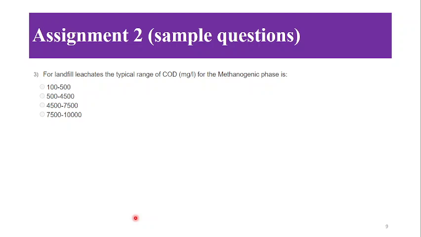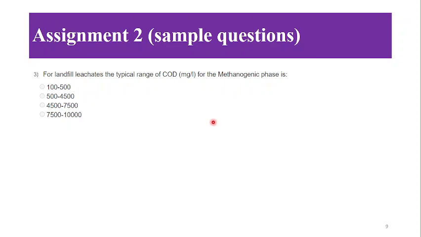First is the hydrolysis phase, which hydrolyzes the waste. Then the acidogenic phase, which converts the hydrolyzed waste into volatile fatty acids, and the acetogenic phase, which converts these volatile fatty acids into acetic acid, and the methanogenic phase, which converts the acetic acid into methane. All of this process is anaerobic in nature.